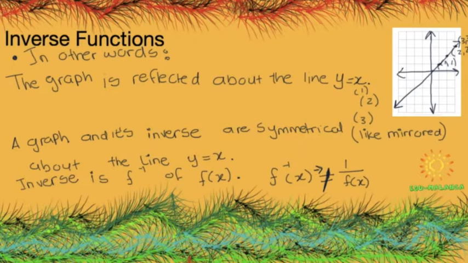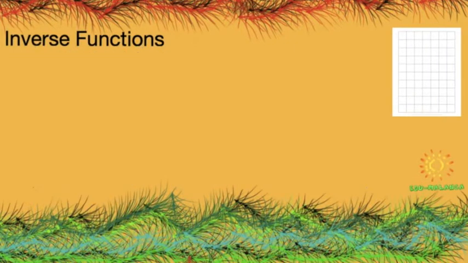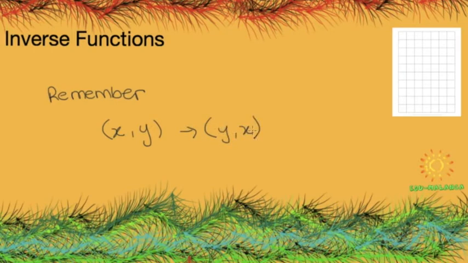Remember what I said: an inverse function is where we swap the x and the y, or we mirror it across the line y is equal to x. In summary, we take each and every coordinate (x, y) of the original graph and make it (y, x). The x value becomes y, and the y value becomes x.